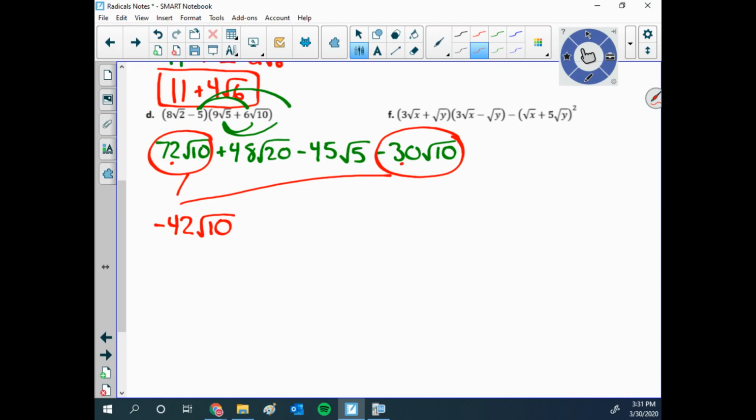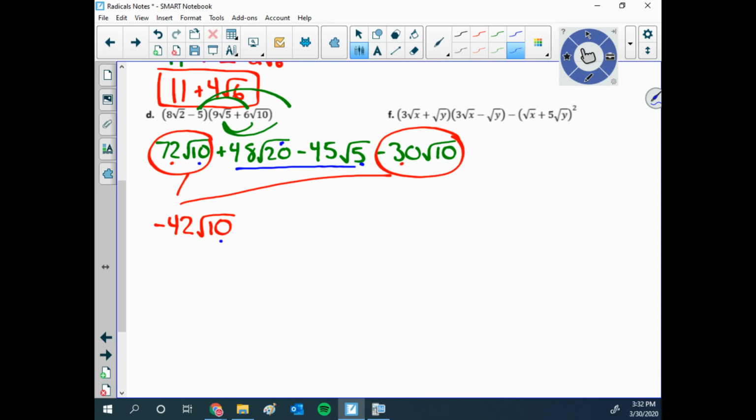The rest I need to try to simplify, or maybe they just remain as is, but let's see. This has a radicand of 5, so I either need to get this to be a 10 or a 5, because if it's a 10 then I could combine it to simplify.